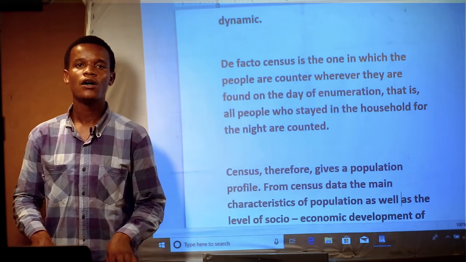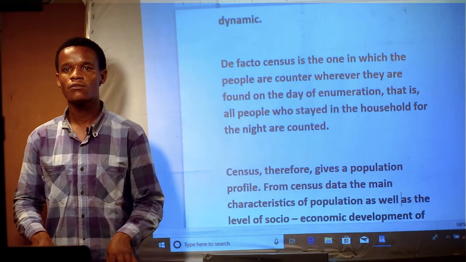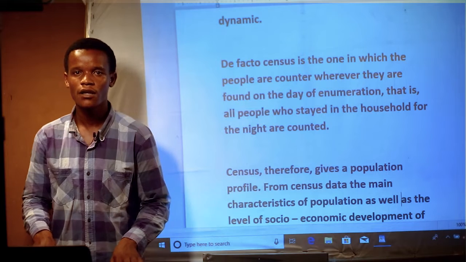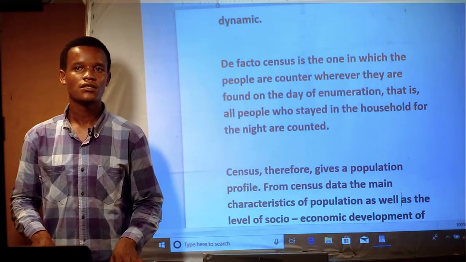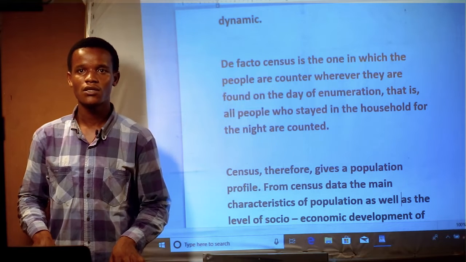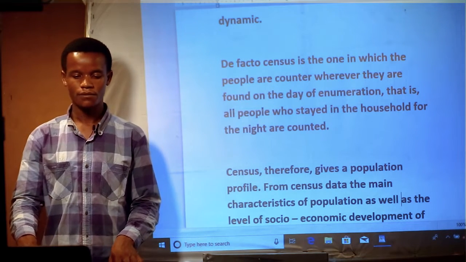It doesn't matter that you were born in Dar es Salaam, but for now you are in Mtwara, you are going to be counted. There is no consideration of permanent settlement. That is called de facto.